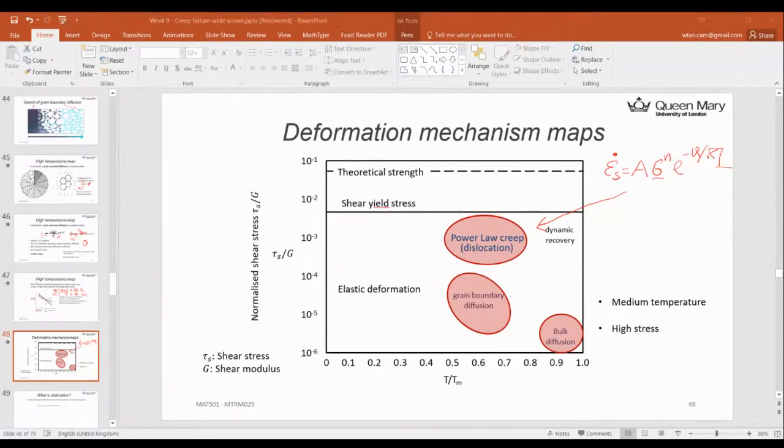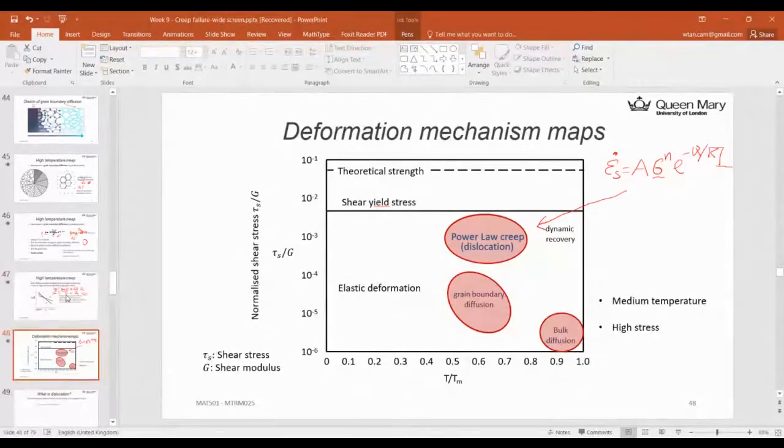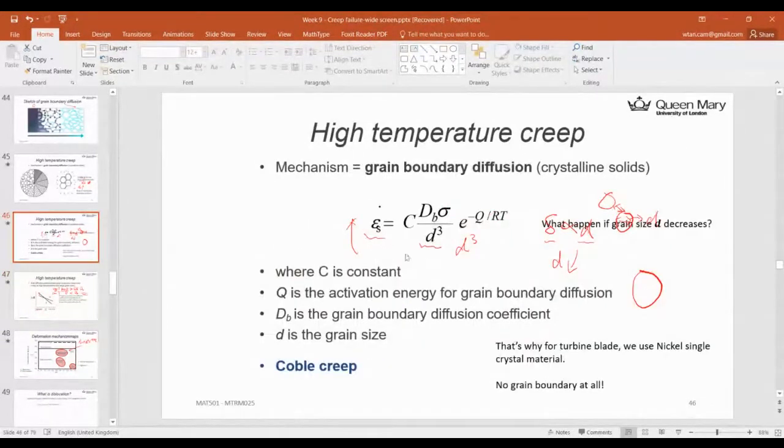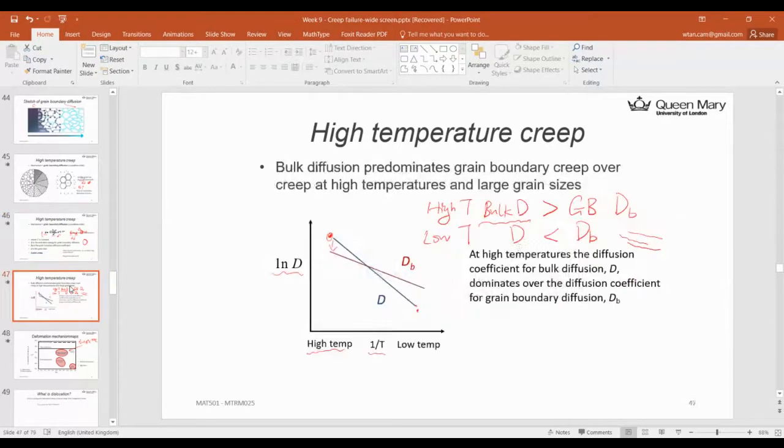Okay, so you're talking about the one, is creep rate the same as the diffusion? Let's look at that, okay? Yeah, I understand you are asking about high temperature, why the bulk diffusion is higher than the grain boundary diffusion, right?